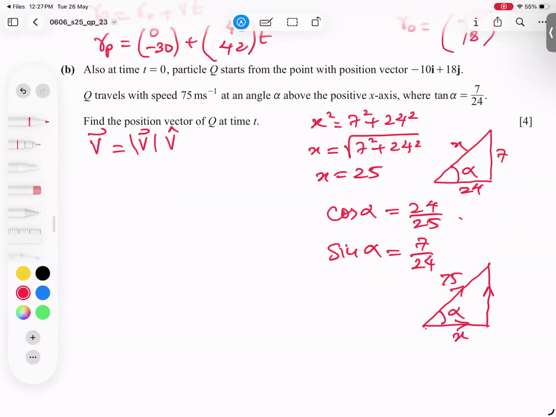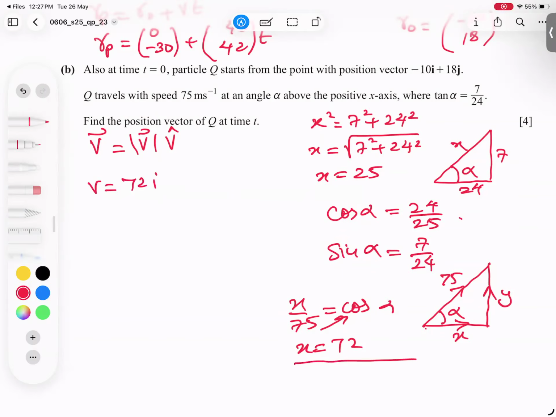X over 75 is equal to cos alpha. So 75 multiplied with the cos alpha. So x value is 75 times that, so 24 divided by 25 into 75, and I'm getting 72. So it means I can find directly the velocity is 72I.